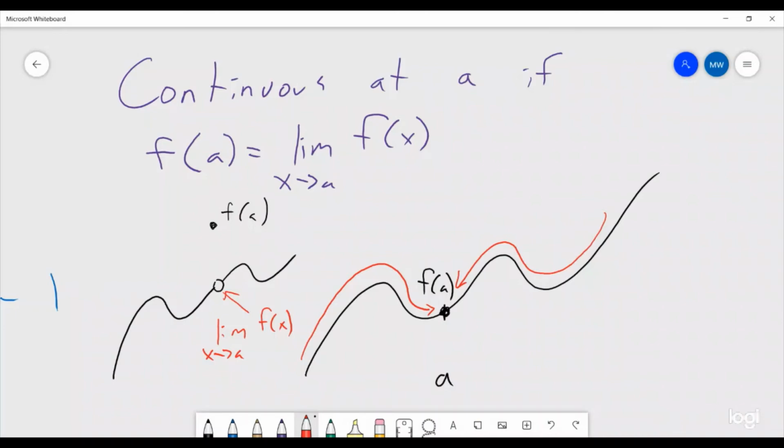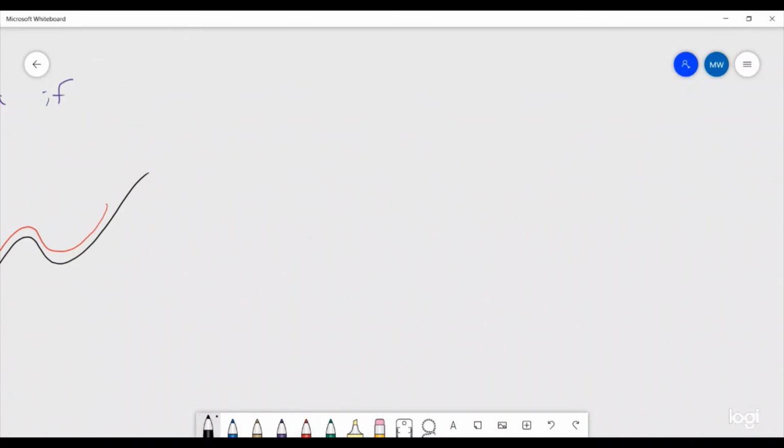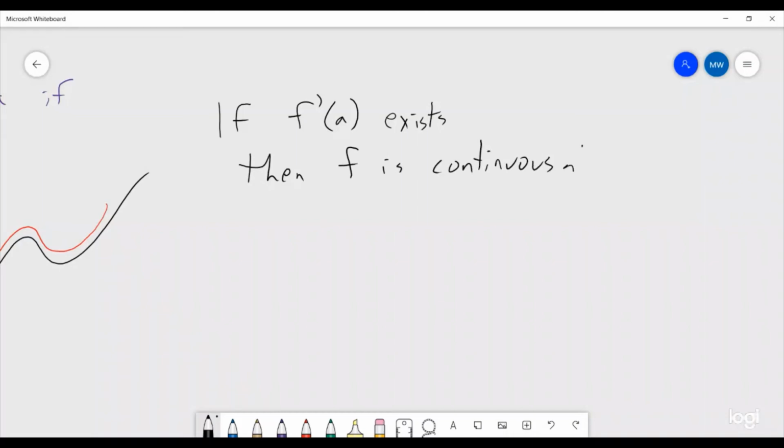Some nice properties: if a function is differentiable, that implies it's continuous. So if f prime of a exists, then f is continuous at a. That's a nice property that you can use.